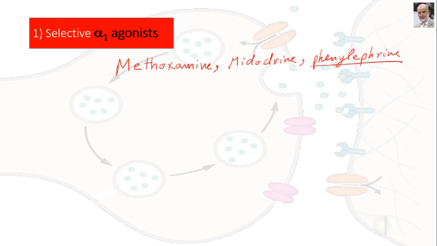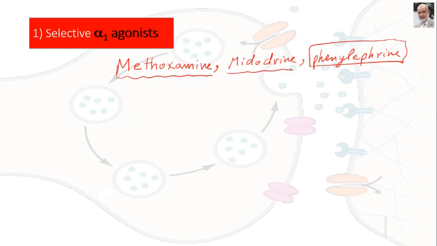Some textbooks classify phenylephrine as an alpha-1 agonist, but we leave it as a non-selective adrenergic agonist, as we will see later. Okay, so let us concentrate now on methoxamine and midodrine.